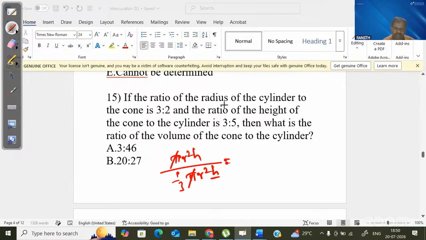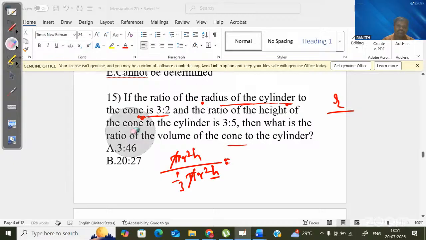If the ratio of radius of the cylinder to cone is 3:2... Okay.